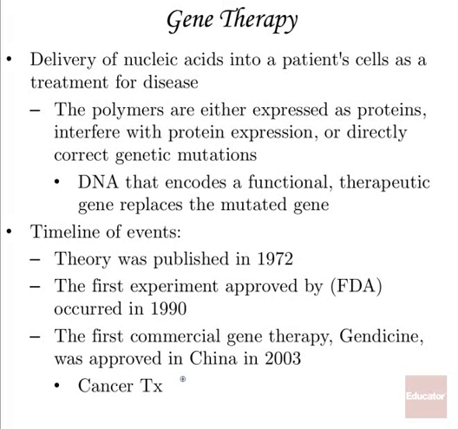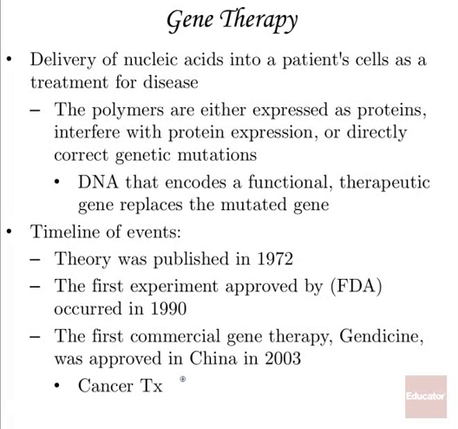So the DNA that encodes a functional therapeutic gene will replace the mutated gene, and then therefore when it is transcribed and translated, you will get the wild type protein instead of the mutant protein that has been causing the disease.